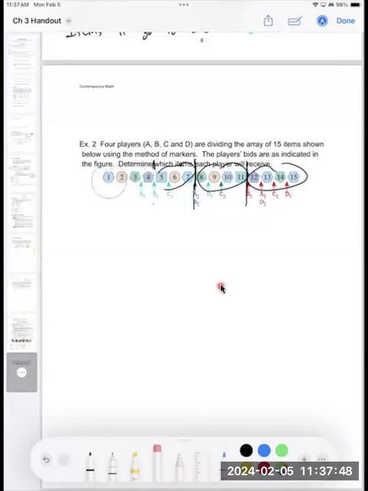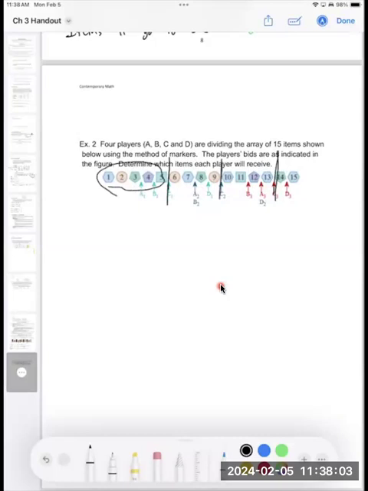And last but not least, person C put their markers here, here, and here. So they're okay with receiving these or this, or this, or this. But those two, even though it's only 14 and 15, you think it's only 2 items, in his mind, they're the more valuable items. So he'd be okay with just receiving those two. He'd feel he got a fair share.